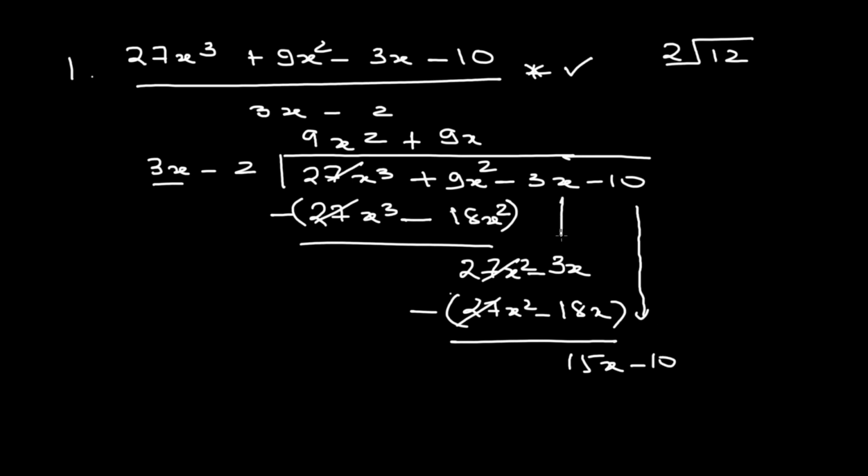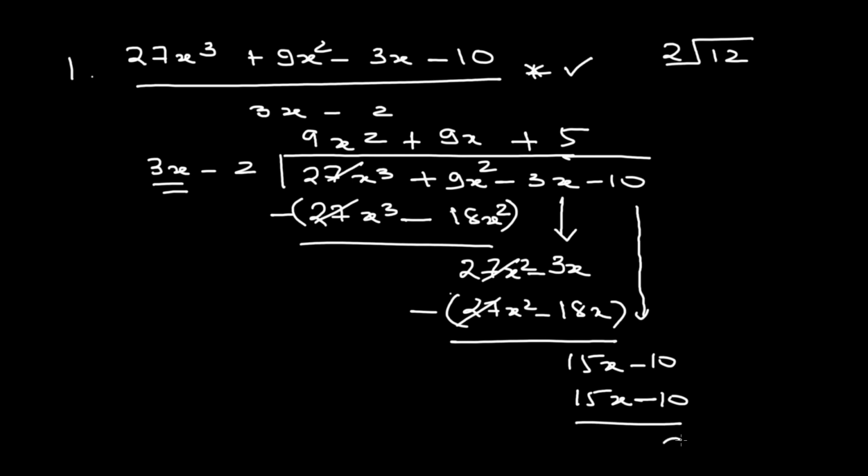Remember that one came down to there. So I'll get this term again and divide into here. I'll get a positive number: 3x gives me 5 here. Then 5 times that gives me 15x, and 5 times this one here gives me minus 10.